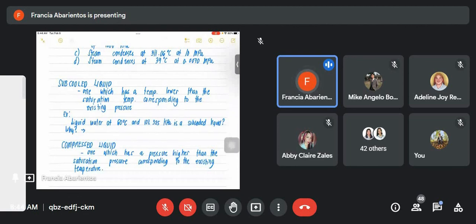Open your steam table. Go to Table 1. So, 60. What is 60? Look, class. Temperature lower than the saturation temperature.